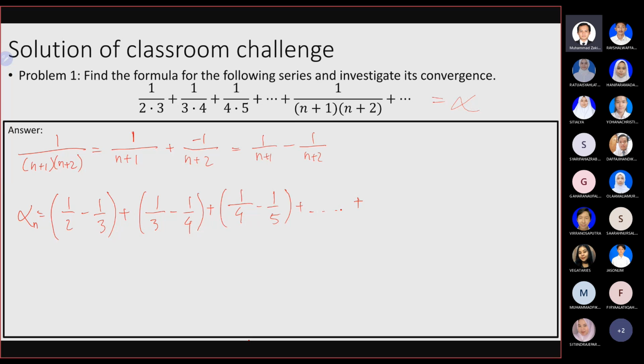Well, let's say this is alpha n, and this is alpha infinity. So here up to plus 1 over n plus 1 minus 1 over n plus 2. And we see that we can eliminate these guys, we eliminate them all. So this is equal to half minus 1 over n plus 2. Yeah. So as n goes to infinity, this is equal to half.